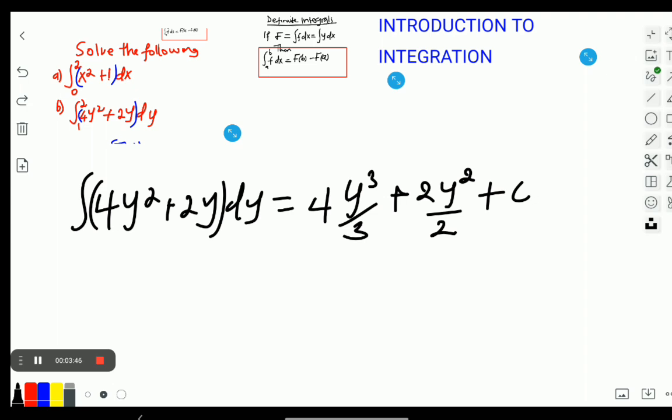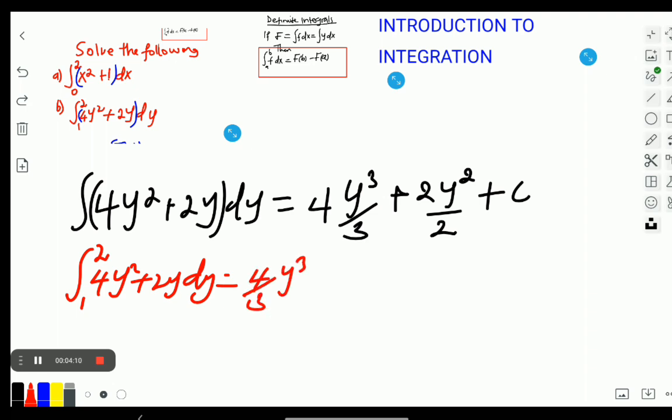You can just do it at once and put the limits, which is complete. So if we put the limits from 1 to 2 of 4y squared plus 2y dy, the whole thing will be 4 out of 3 y cubed plus y squared, using the square bracket from 1 to 2.